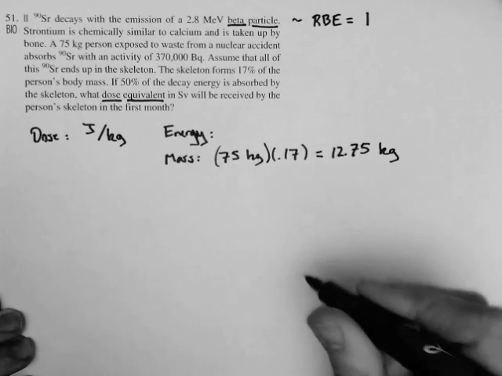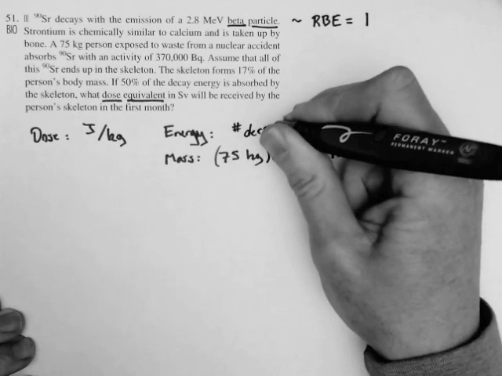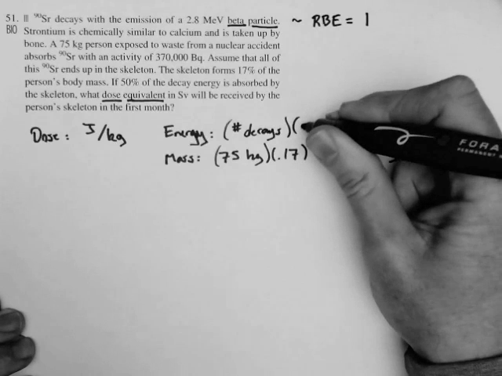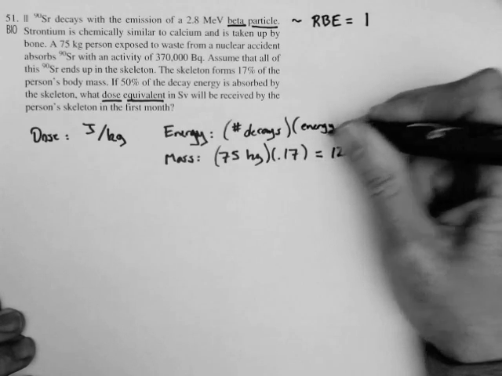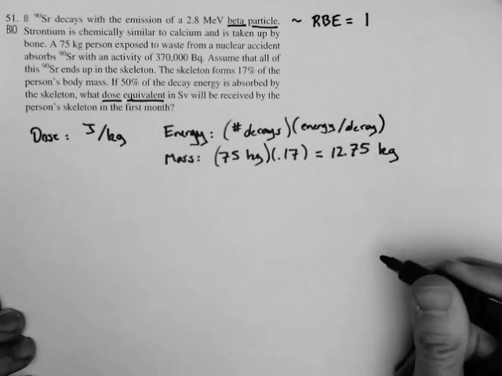The energy is just going to be equal to the number of decays times the energy per decay. That is going to be the energy liberated.